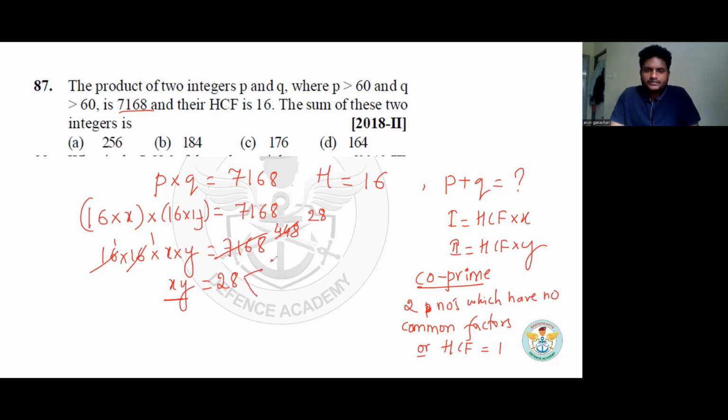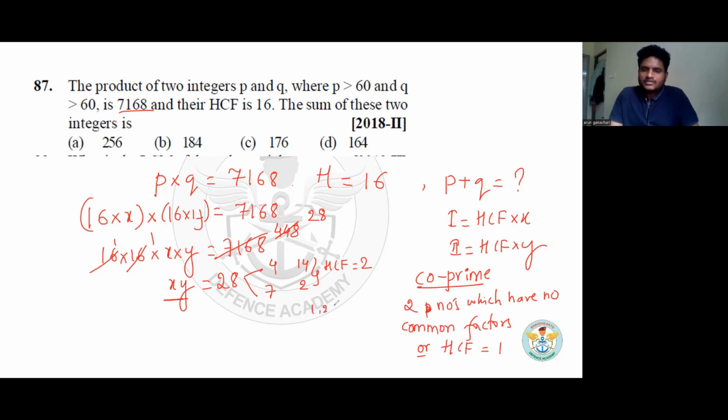Yes or no? 4 into 7 is 28, and 4 and 7's HCF is also 1. So these are my co-prime pairs. I cannot write it as 14 into 2, because my HCF will be 2 here. If my HCF is anything other than 1, then we cannot call it a co-prime pair.